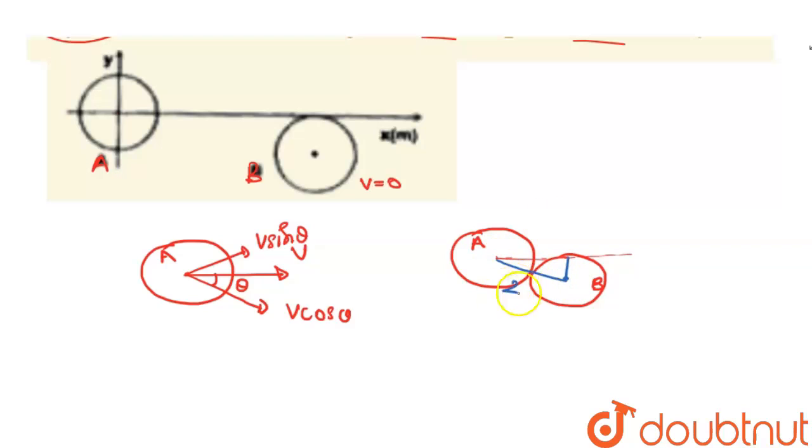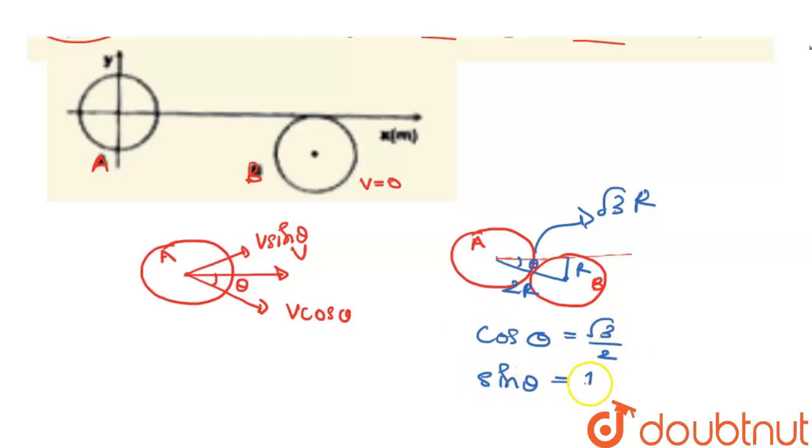So this is basically 2r, this is r, and with Pythagoras, this will be root 3 r. From here we can see that this is theta, so cos theta equals root 3 by 2 and sin theta equals 1 by 2.